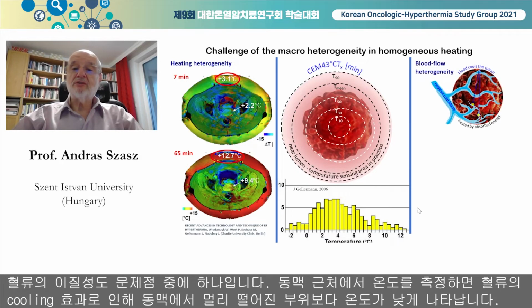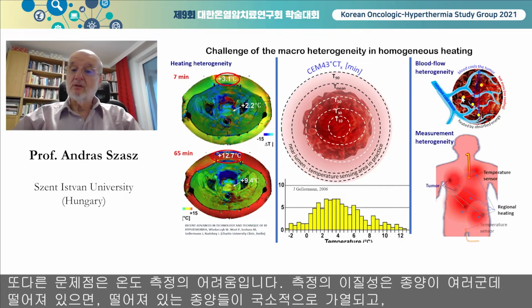The other one is blood flow heterogeneity, because the blood flow is at body temperature, so it's a cooled medium. If we have a temperature sensor near the arteries, it measures less temperature than far from the arteries. The other problem is the measurement itself, which has heterogeneity.